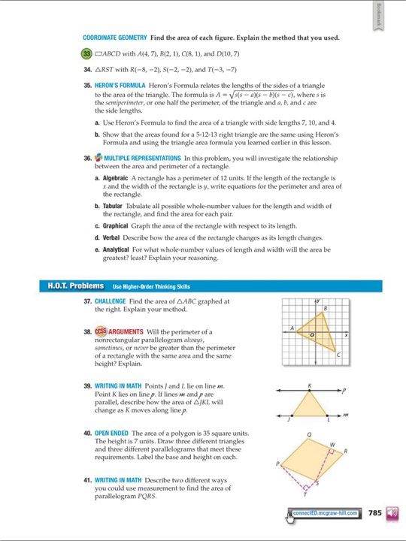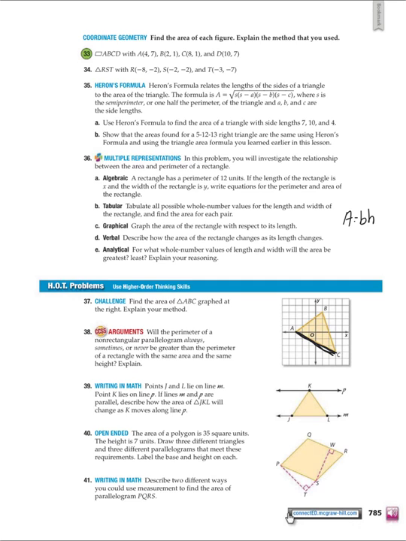One final note before we turn you loose on your homework assignment is number 37, find the area of ABC graphed at the right. Now, just because it's graphed, that does not change the fact that your formula is the area is the base times the height. You may not agree with me, and that's perfectly fine if you want to do this a different way. But I'm looking at AC as my base. For some reason, it just looks more like a base to me.